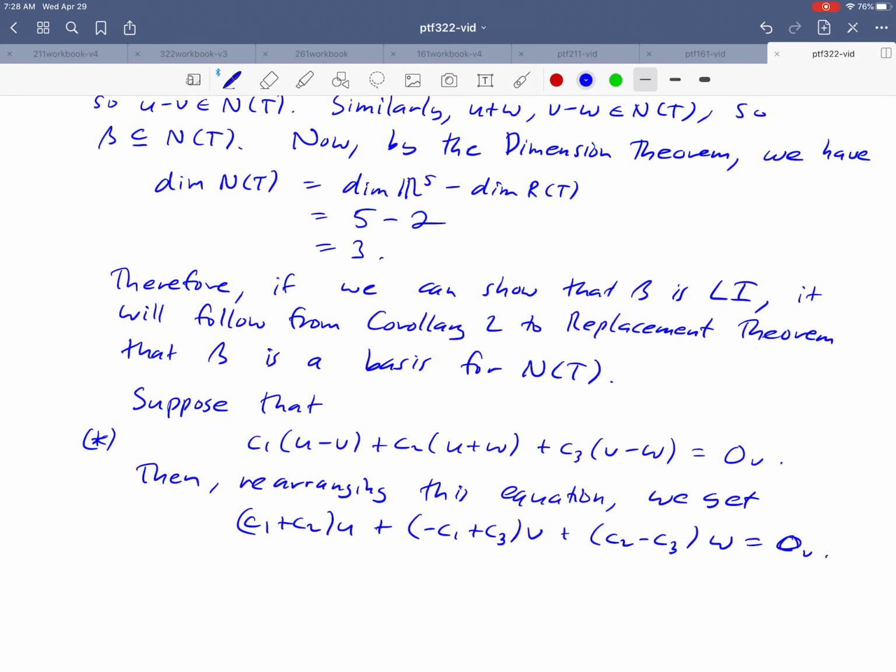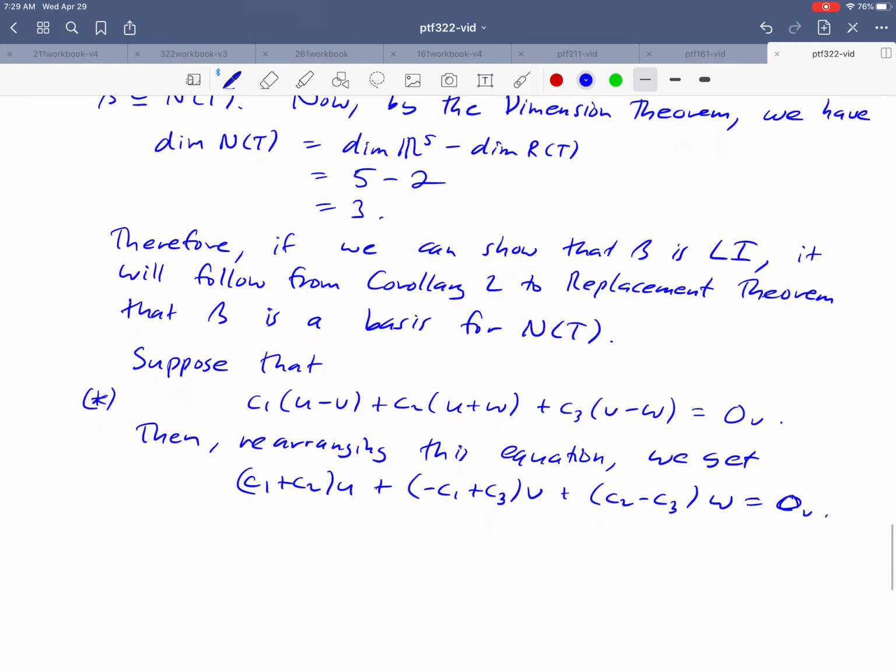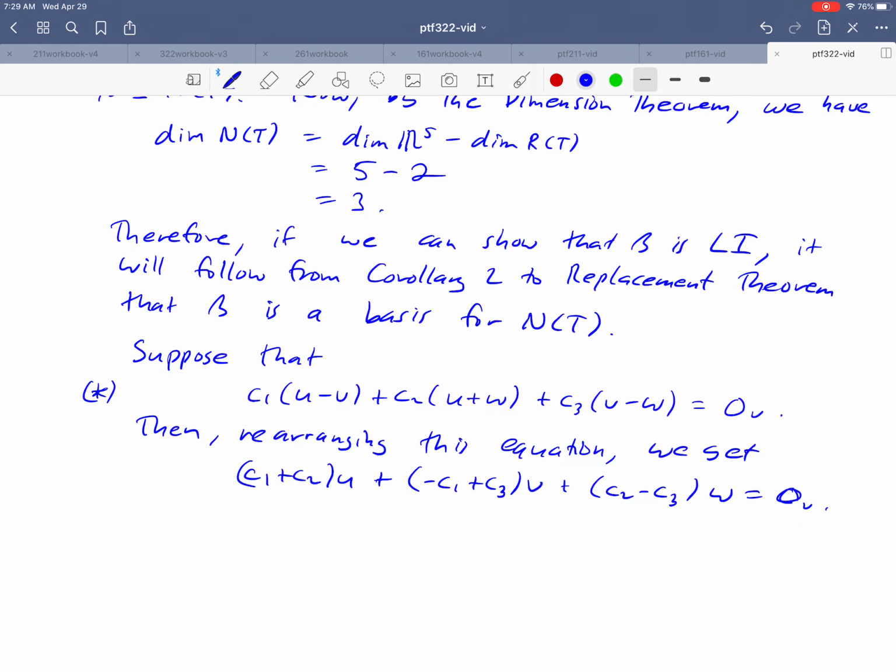Again, that's the same equation as star. We've just rearranged it so that it looks like that. Now why did we do that?